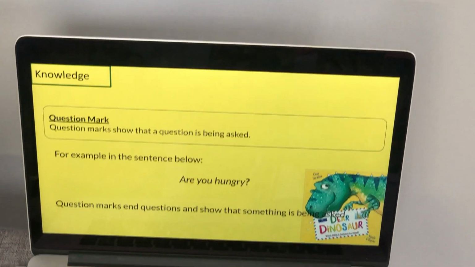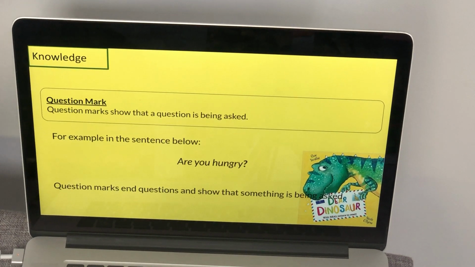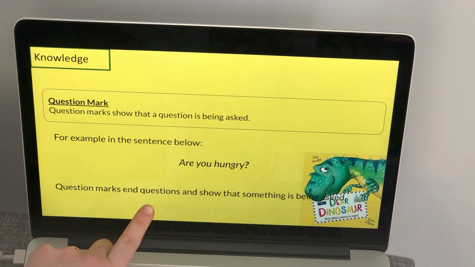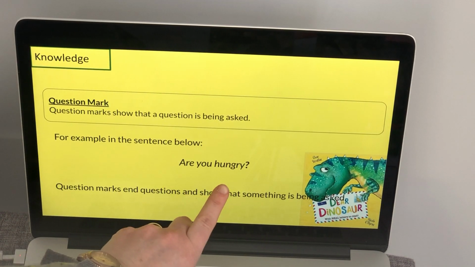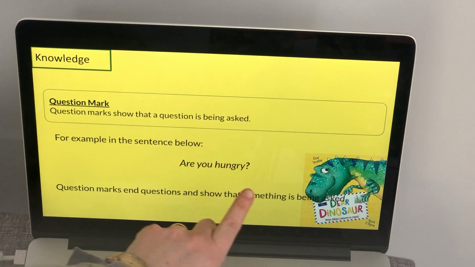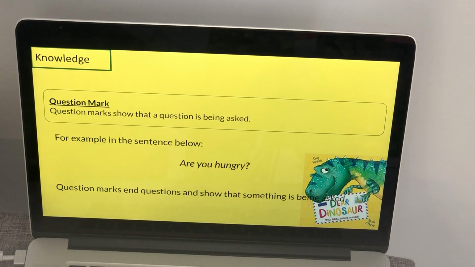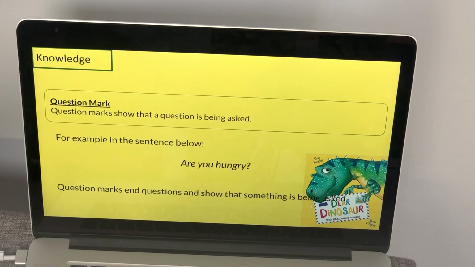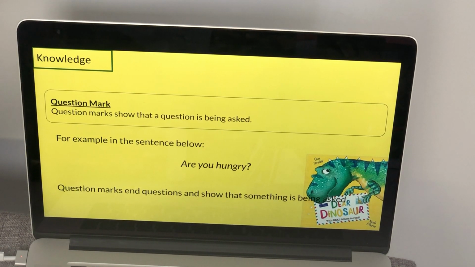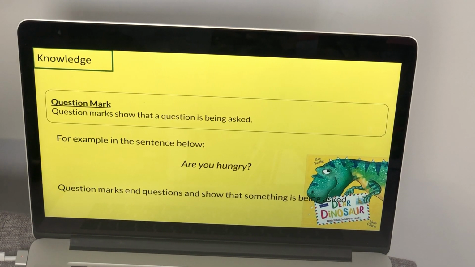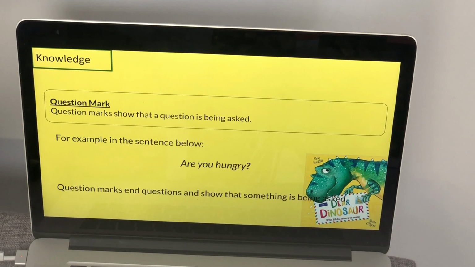On to our knowledge. This week we're practicing question marks. Here we've got an example sentence. It says, are you hungry? And at the end of the sentence we can see our question mark. Question marks show that a question is being asked. Let's say that together. Question marks show that a question is being asked.